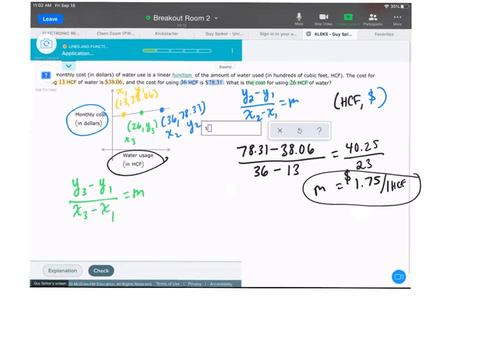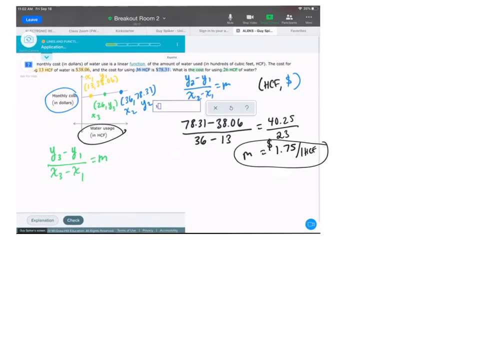From here, we're going to use those coordinates. Y3 we don't know, minus 38.06, all over 26, which is your X3, minus 13. And that's going to equal $1.75.